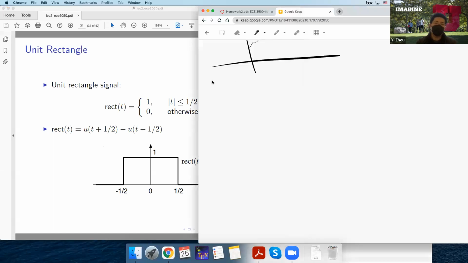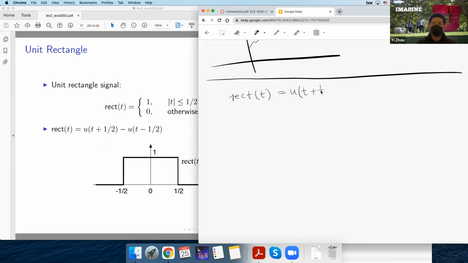We can actually verify this. There are two ways you can verify this, either visually by drawing a picture, by visualizing these two unit step functions and then doing a subtraction by looking at the pictures, or you can do this mathematically. But drawing a picture is always intuitive at first.